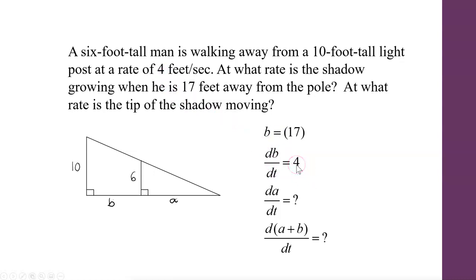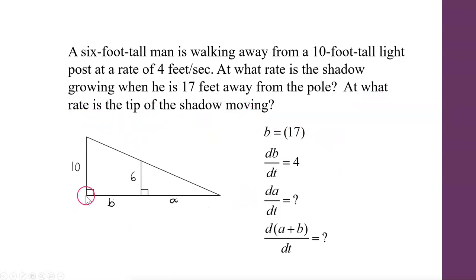So I've written 4. I am asked to find two things. One, how fast A is changing. That would be dA over dt. So that's the first thing I'm asked to do. And the other question I'm asked to find is at what rate is the tip of the shadow moving?